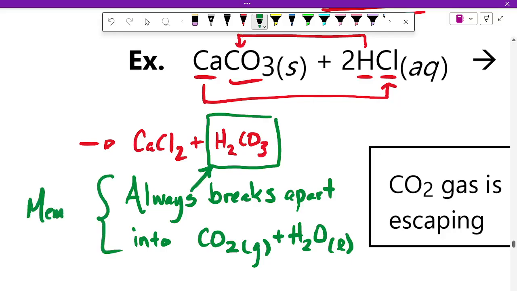You should memorize this. So anytime you see H2CO3 as a product, instead of writing H2CO3, you will replace it with carbon dioxide and water. Okay?